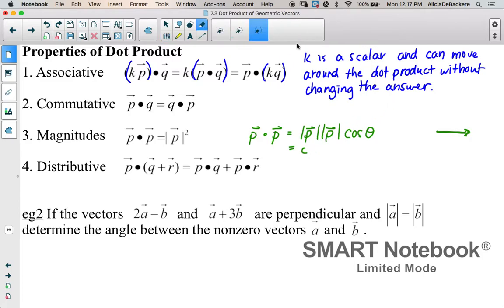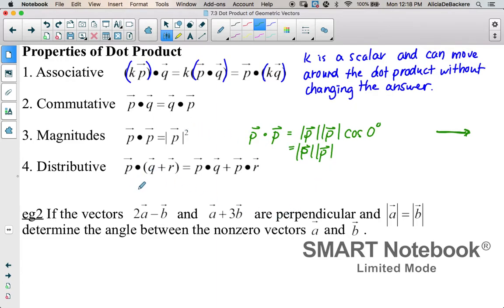So this would be the cosine of 0 here, or you could think of it as 360 degrees. And the cosine of 0 is just equal to 1. So then I would just be left with the magnitudes times 1 at the end, which is the same as the magnitude squared. So that's where that comes from.